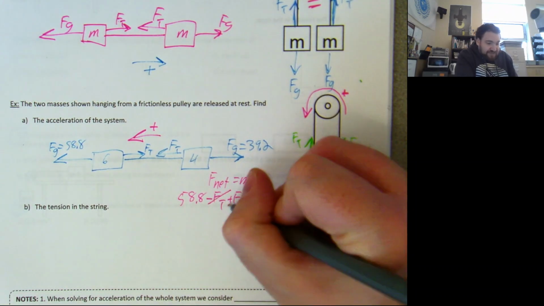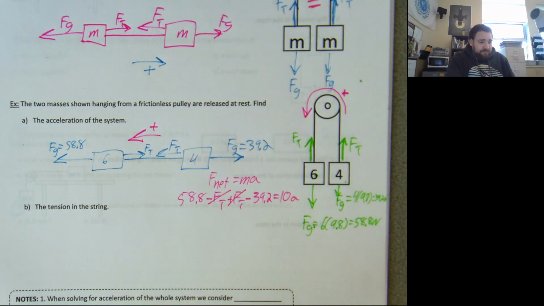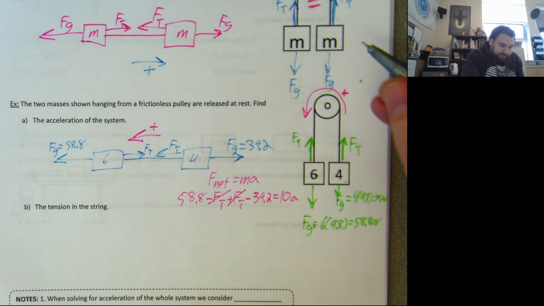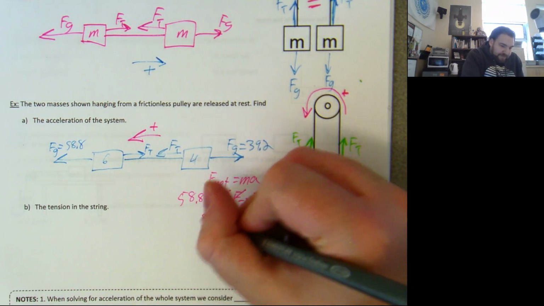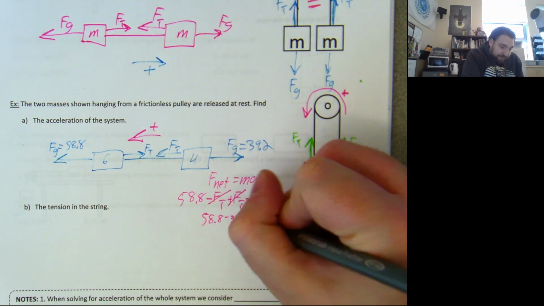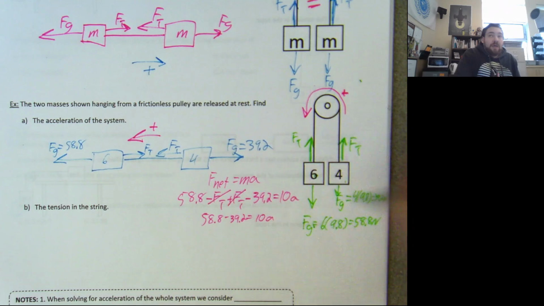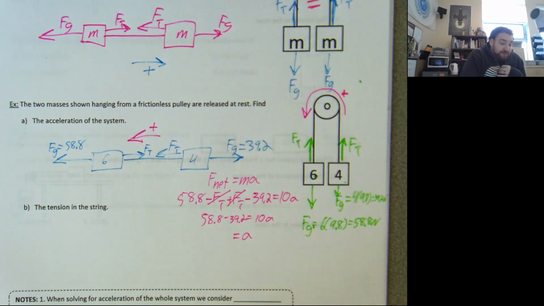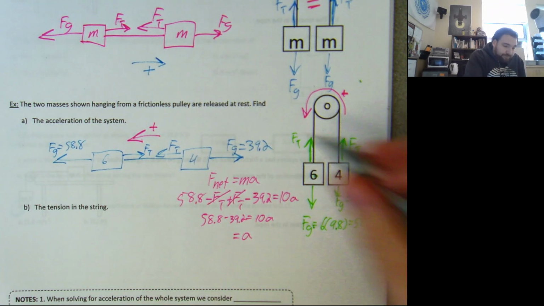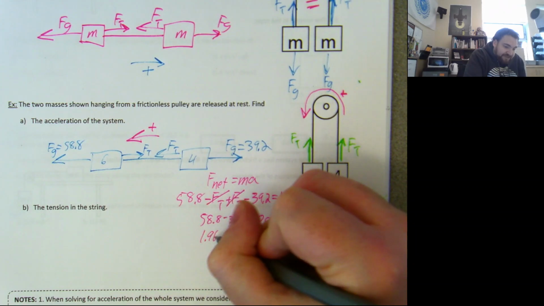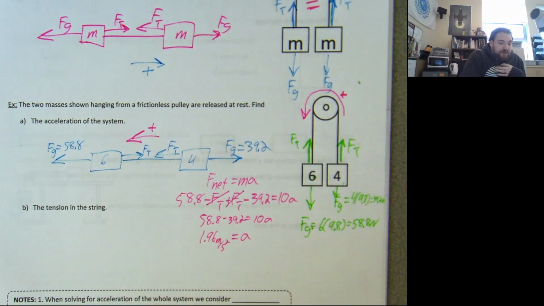Because these tensions are the same, they're going to cancel. And we're going to be left with 58.8 minus 39.2 equals 10A. You solve that thing. I'll tell you what the value is for that acceleration. We're going to get 1.96 meters per second squared.